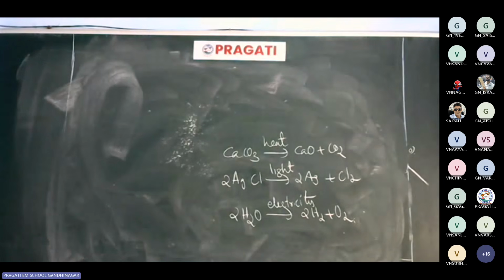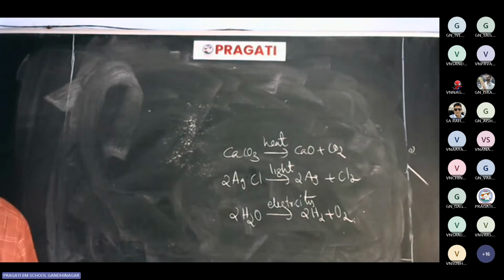So from this textbook, I'll say one question. A substance X is used for whitewashing. What is that substance? Question, let me see the complete question.